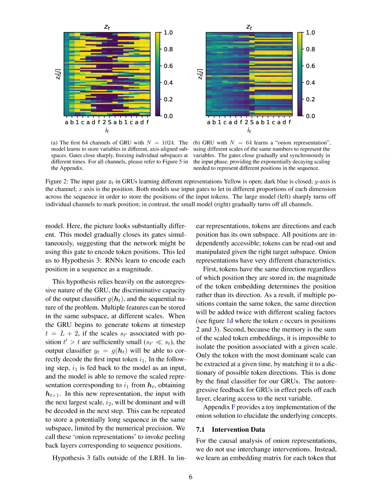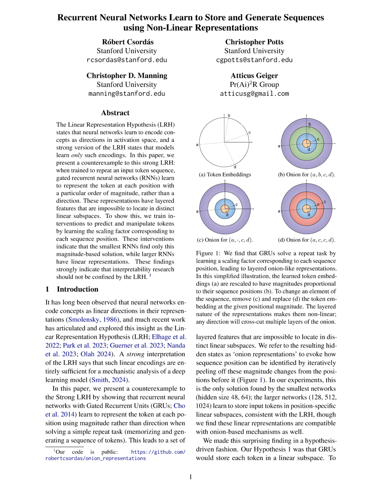In the context of the repeat task, consider a hypothetical sequence of tokens I_1, I_2, I_3, where each token is represented in the GRU's hidden state vector. As the GRU processes the sequence, it encodes each token's position using a magnitude-based mechanism rather than distinct linear subspaces.